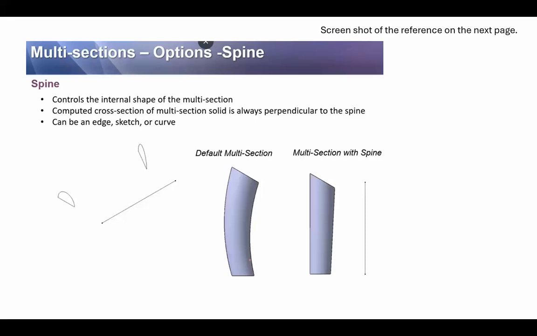It's just that if you have other selections, such as guides and spine, they may be conflicting with each other, and one overrides the other. And that's why when you look at the cross-section, you may not feel this, because it could be that the guide and the spine were overriding each other. The previous video, number 14, I believe, was on guide. So this one that we're doing now is on spine.